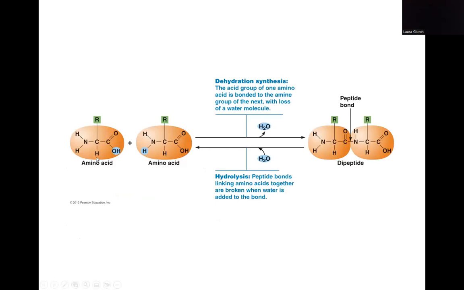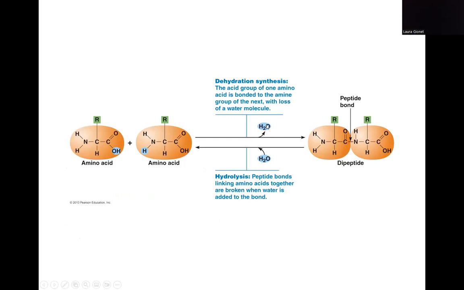All right. I like this because it has two amino acids to the left-hand side. So we have amino acid plus an amino acid. All right, we have two arrows. The top arrow goes from left to right and points to the dipeptide. So what happens is if we want to link together those two amino acids, follow the top arrow, that reaction says in there in blue, dehydration synthesis.